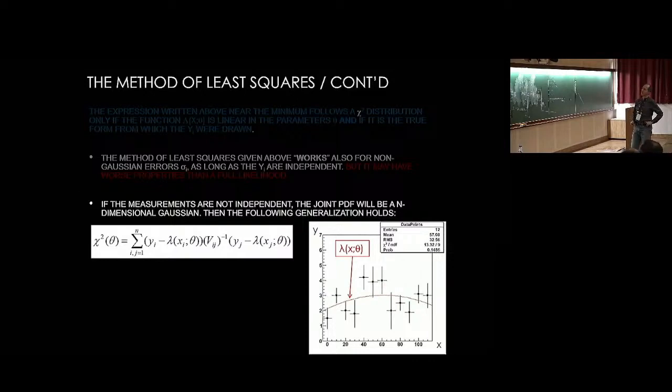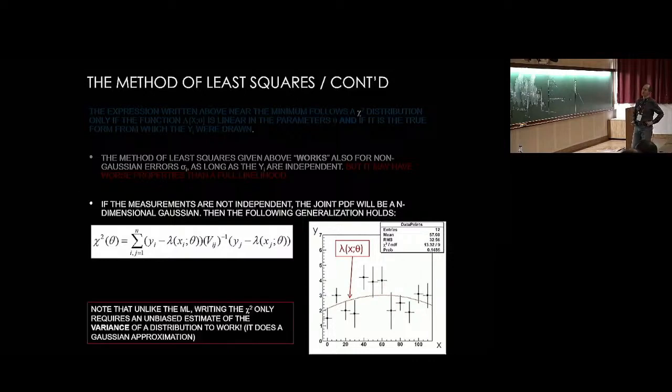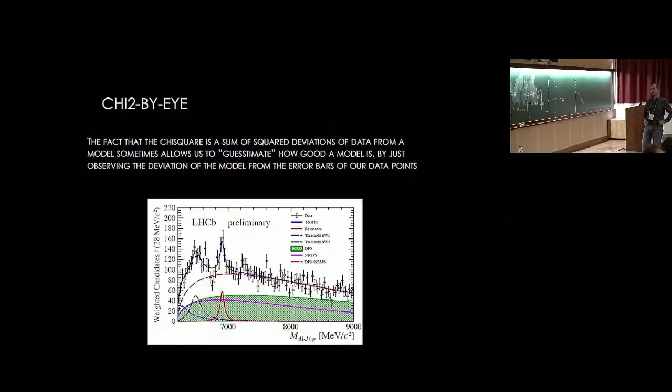Okay, so you know how to compute the chi-squared. It's nice that the chi-squared only requires you to have an unbiased estimate of the variance of a distribution or the covariance matrix to work, because it does the Gaussian approximation, okay? And this is a good property, but it's also a bad property.